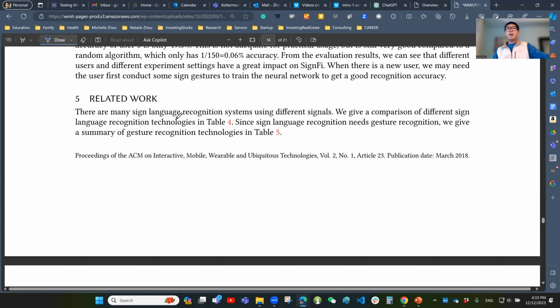There are many sign language recognition systems using different signals. We give a comparison of different sign language recognition techniques in table 4. Also, since sign language recognition needs gesture recognition, we give a summary of gesture recognition in table 5. So we have 2 subsections centered on 2 tables. One is sign language recognition. One is gesture recognition. Both are related to our work.